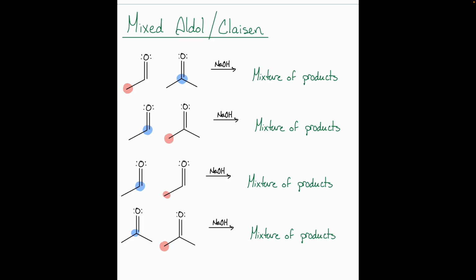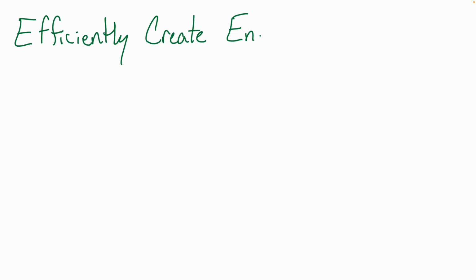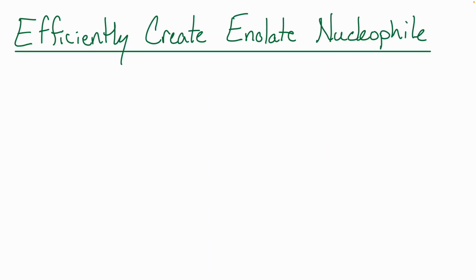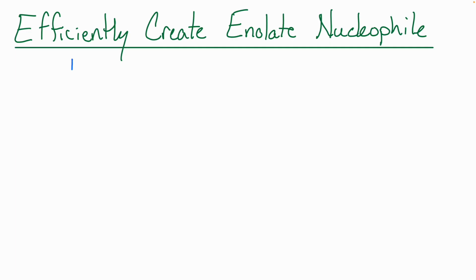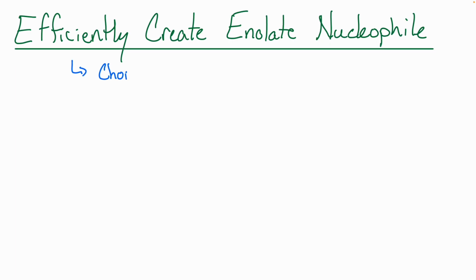Okay, so we want to efficiently create our enolate ion. We're going to call it that enolate nucleophile. All right, but what choice of base should we use?